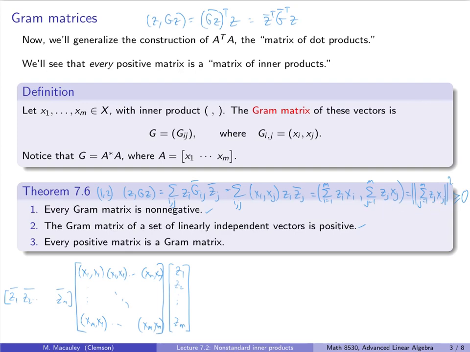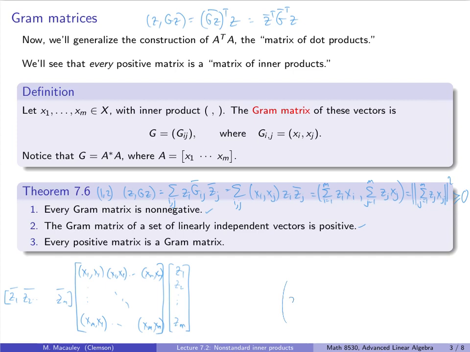Maybe this notation can be improved, but the zj's are coefficients and the xj's are vectors. So clearly this norm squared is just this inner product. Let me expand that down here.